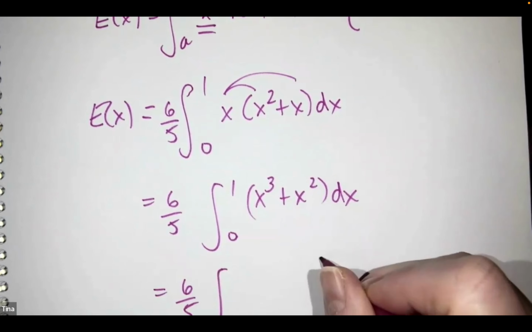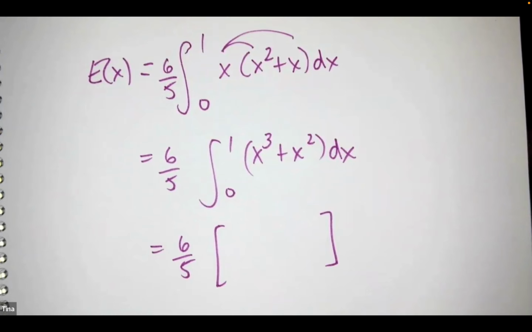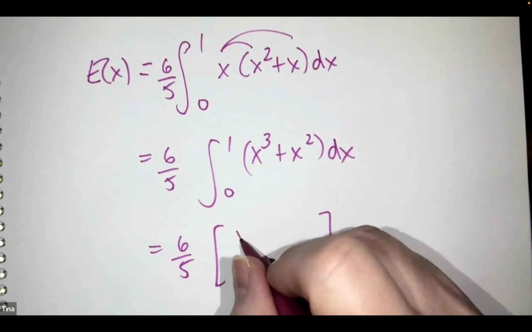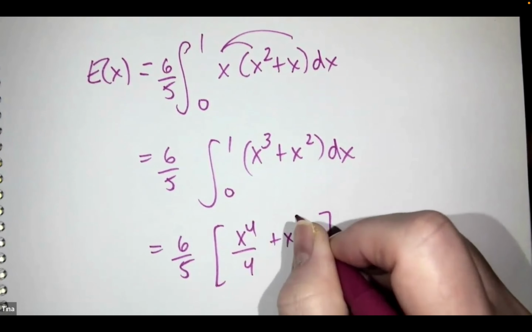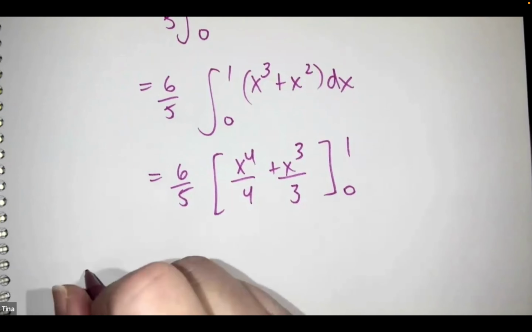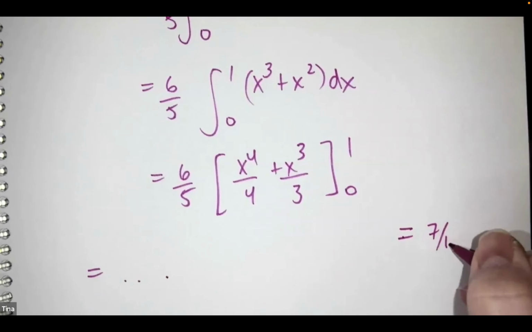I won't make you finish it right now, but what would your integral be? So it should be x to the 4 over 4 plus x cubed over 3 from 0 to 1. So I'll let you finish that later. Try and finish it up. Final answer, so you know, should be 7/10.